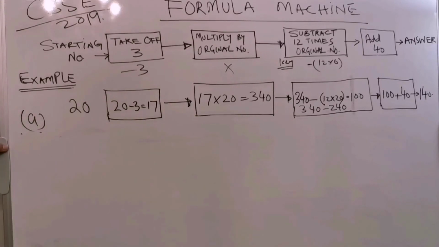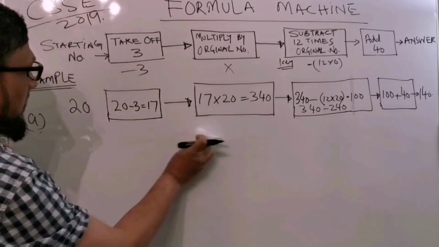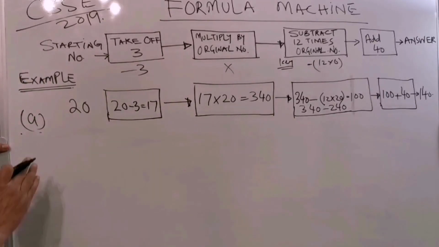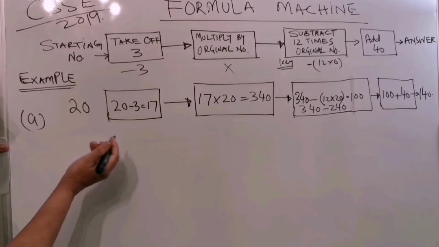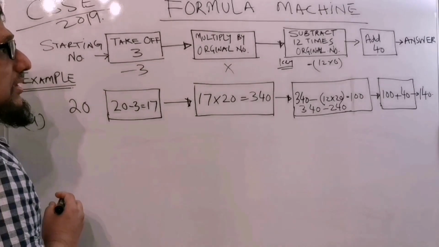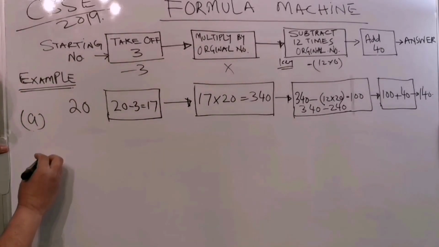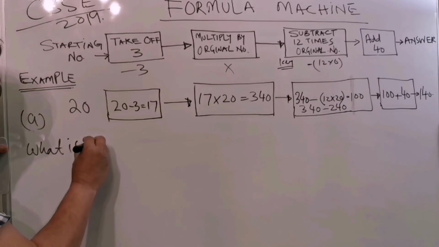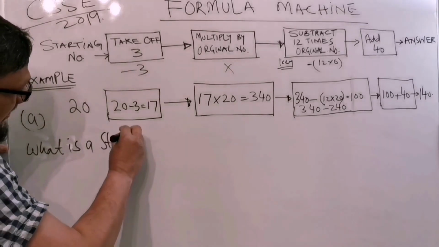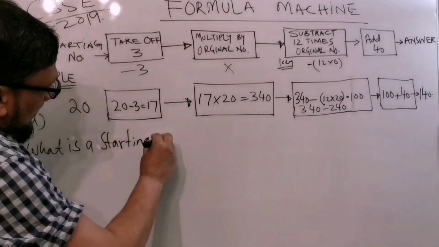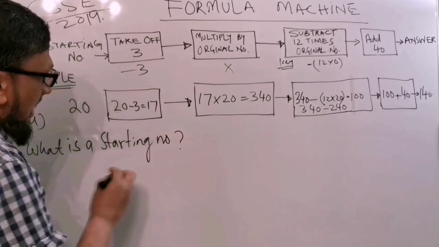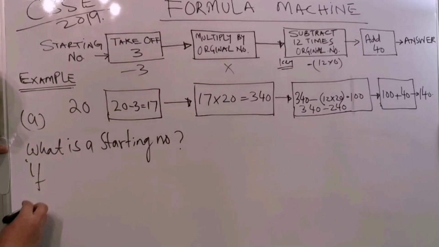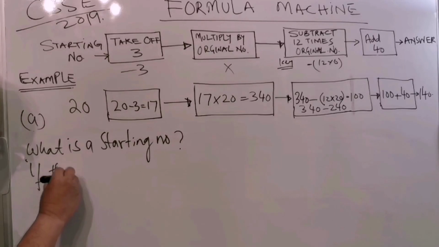So the answer they are giving you, the examiner says, okay, if you get the final answer 40, what is the starting number?